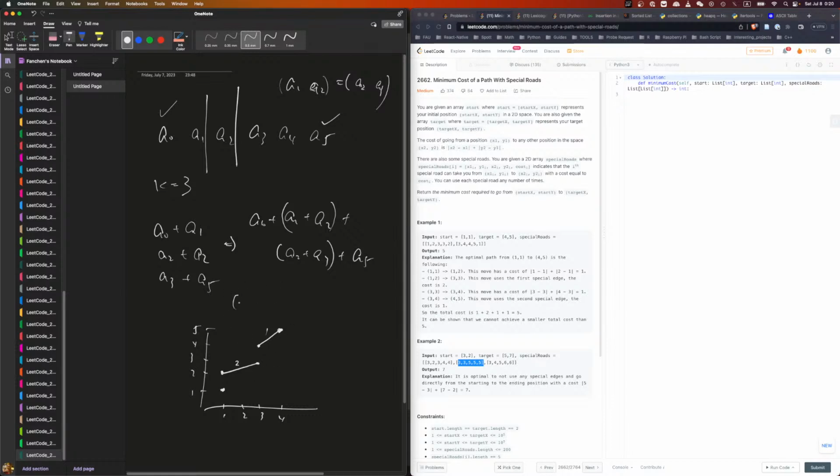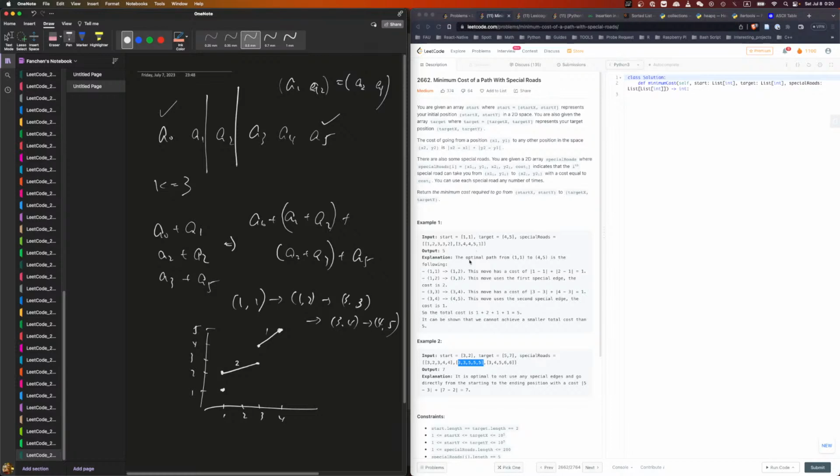So we are going from 1, 1 to 1, 2 to 3, 3, to 3, 4 and to 4, 5. As we go directly, this is 1, this is 3, so we have 4, 5, and 6, 7. Yeah, the cost is 7, which is exactly the same as doing this.